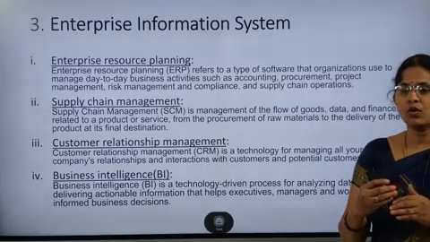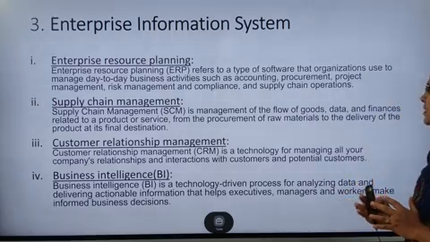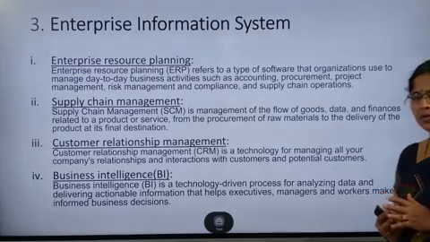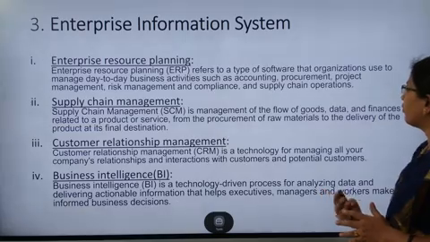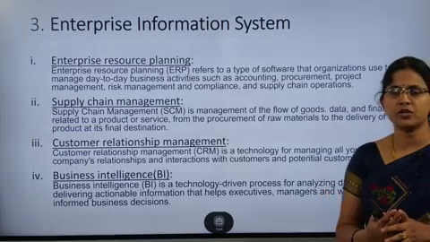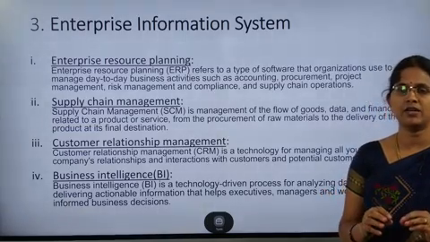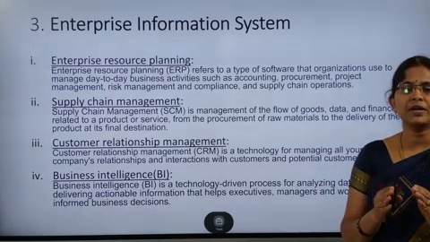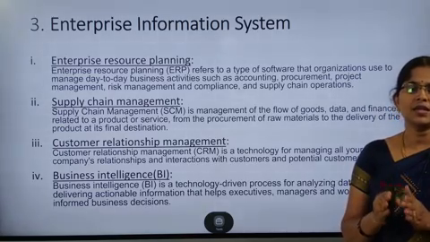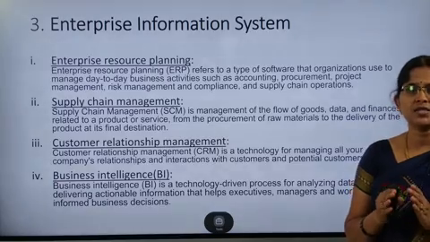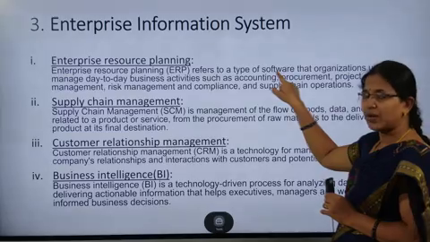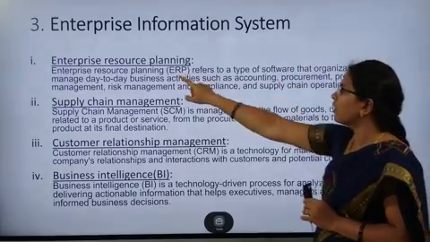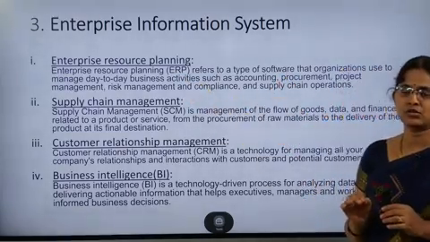It means production planning, risk management, project management, accounting, procurement of raw materials, supply chain operations, all those activities which are monitored from day to day, that's nothing but ERP. For all these activities we require software, which we call enterprise resource planning.